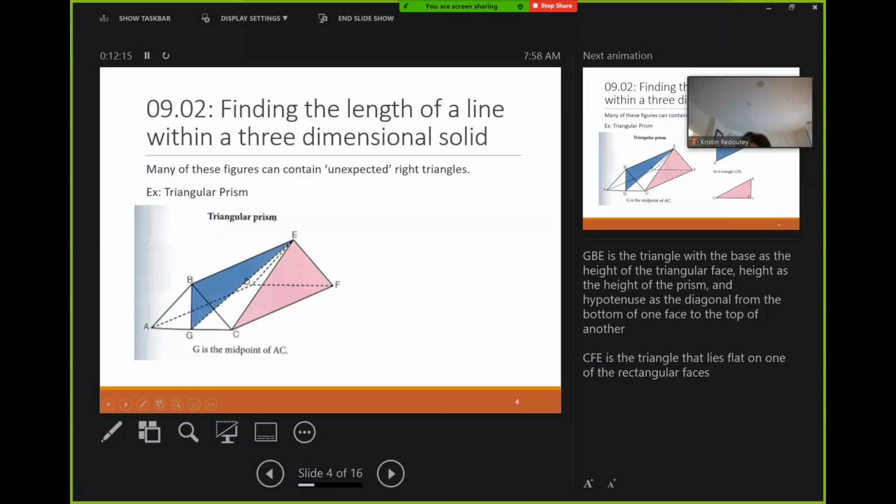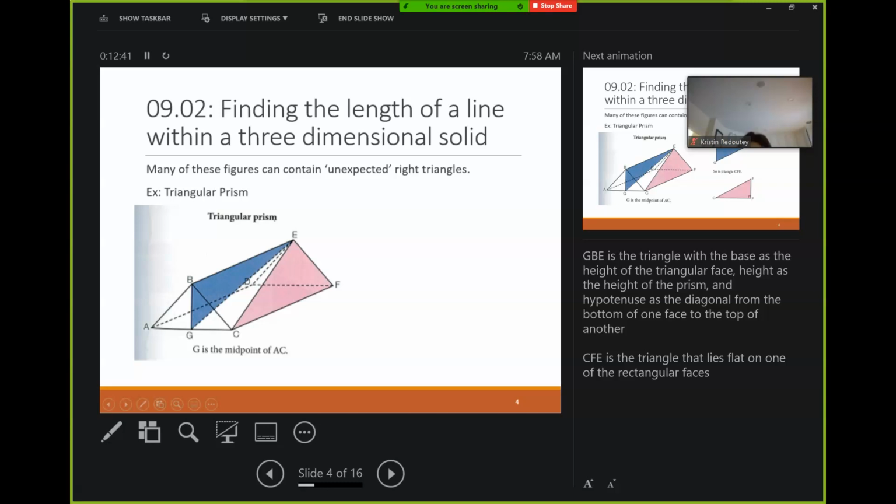Okay, so the pink triangle, pretty obvious that that's going to be a right triangle, right? It looks like a right triangle, no surprise there. This blue triangle, EBG, is also a right triangle. So EB is that edge along the apex. BG is the height of the triangular base.